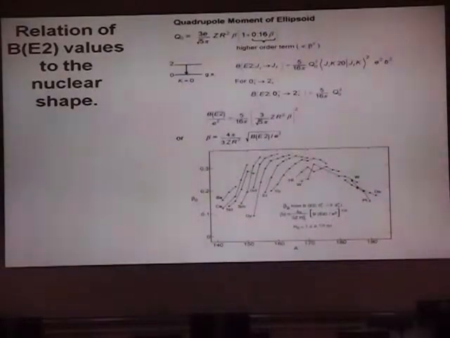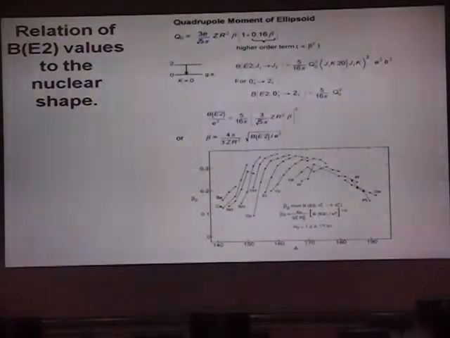The BE2 value can be written in terms of the quadrupole moment and the Clebsch-Gordan coefficient this way, so it goes as Q squared. So if you plug in the values of the Clebsch-Gordan coefficient for the transition 2 to 0, you get 5 over 16 pi Q0. Q0 is given by this. I'll ignore this second term here. And so that gives you this, which has a beta squared in it.